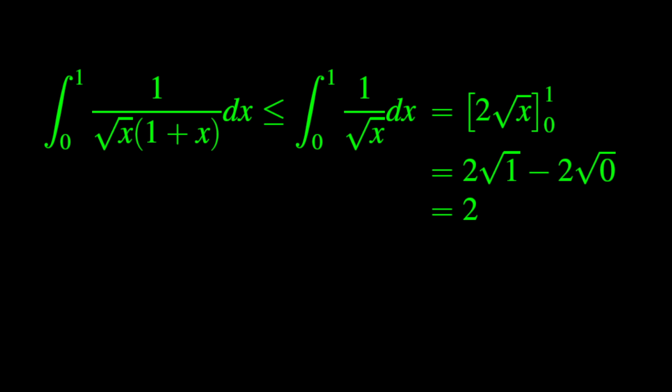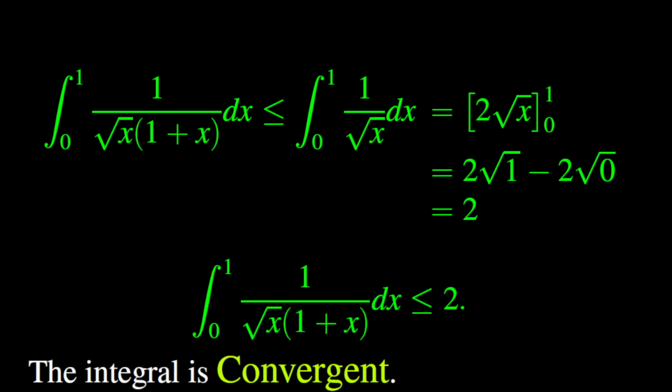We therefore see that the integral from 0 to 1 of 1 over the square root of x dx equals 2. Consequently, the integral from 0 to 1 of 1 over the square root of x times 1 plus x dx is less than 2, thus it is convergent.